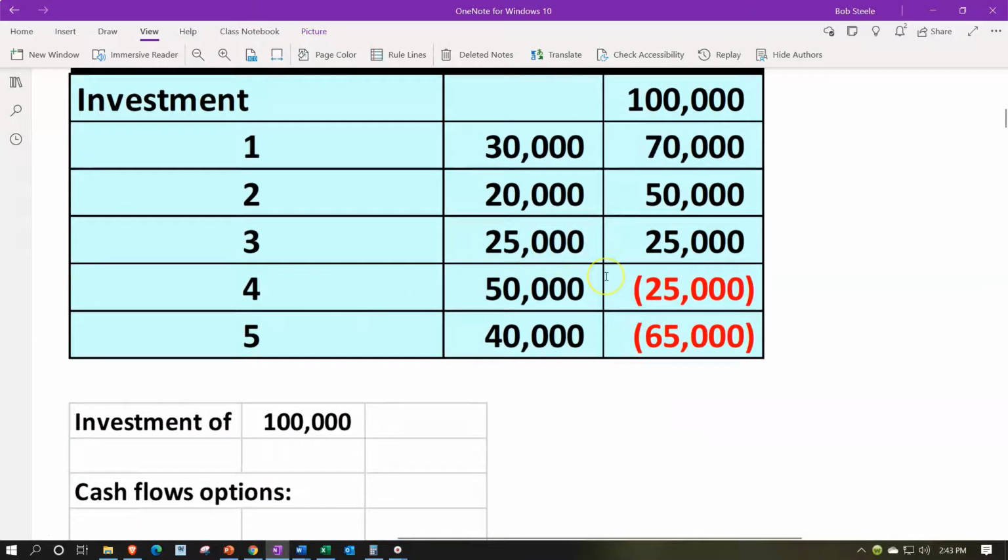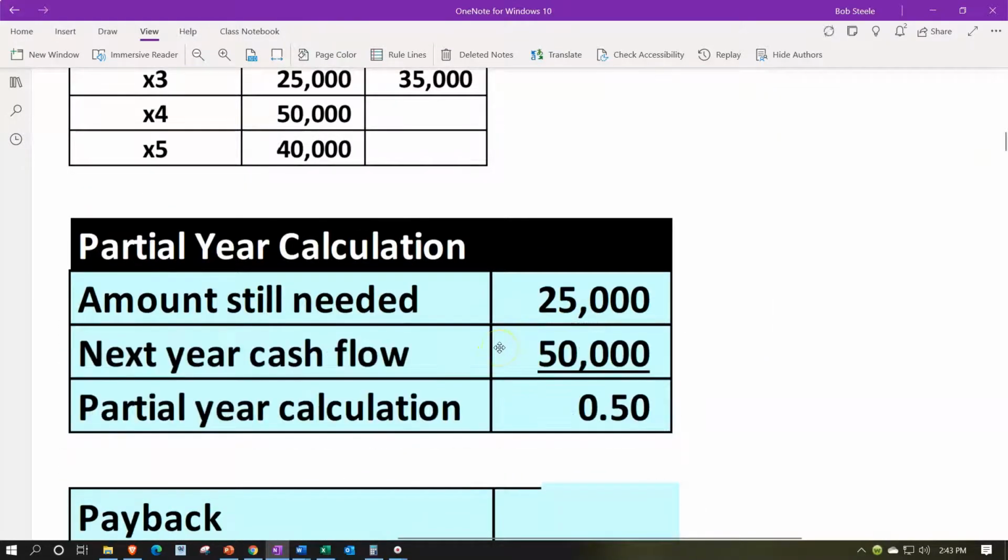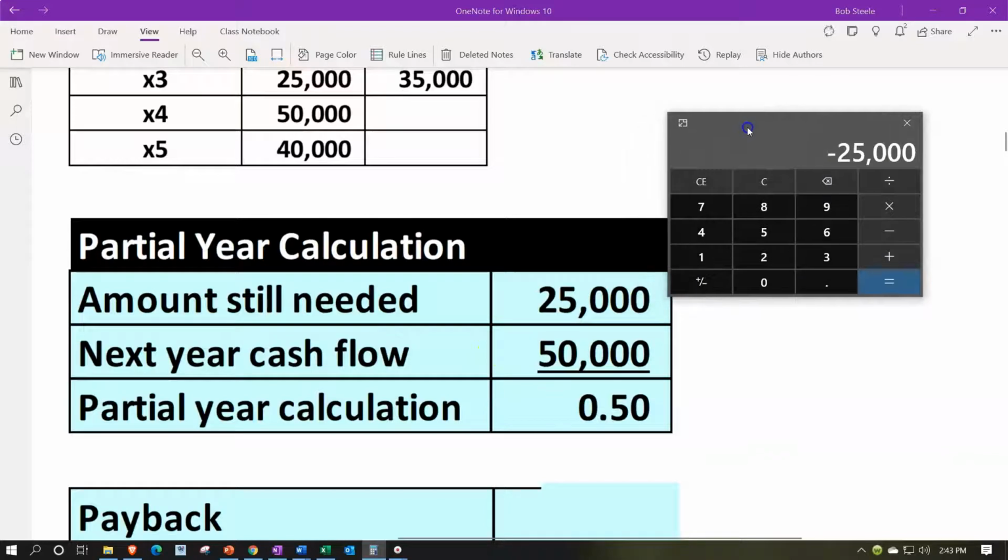So we had 25,000 left after year 3 that we cleared in year 4. So 25,000 divided by what we're going to get in year 4, 50,000, is what we're looking for. Doing that calculation, 25,000 divided by the 50,000 gives us 0.5.